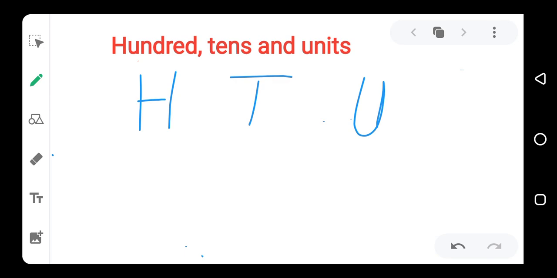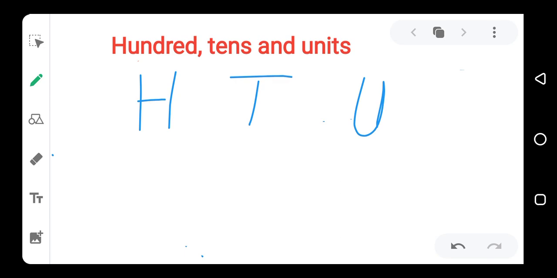Anything that has 3 digits, the last number there is going to be under 100. The one that has 1 digit, we place just under units. The one that has 2 digits, we put one under T and the second one under U. And the one that has 3 digits, we put the first one under units, the second one under tens, and the last one under 100.